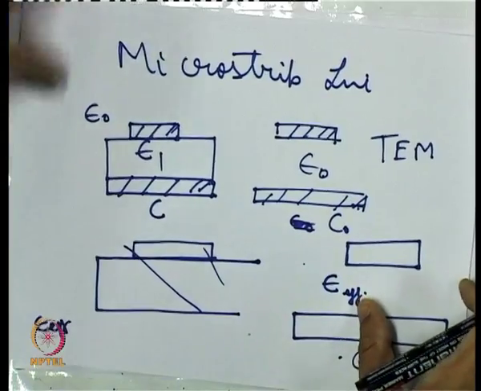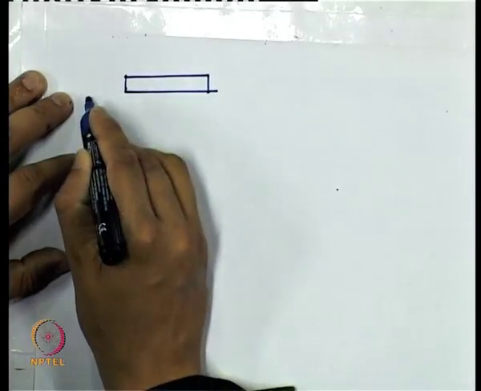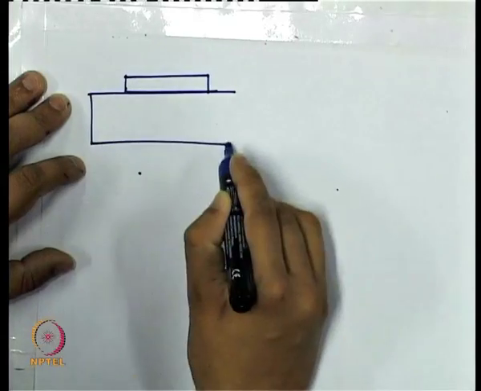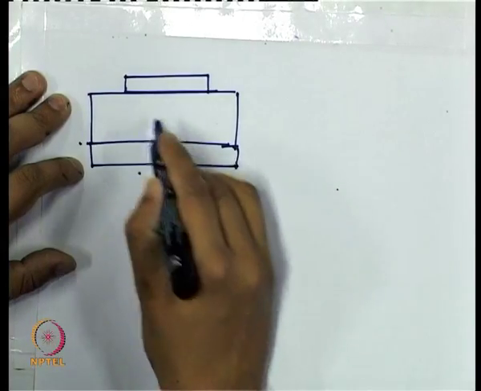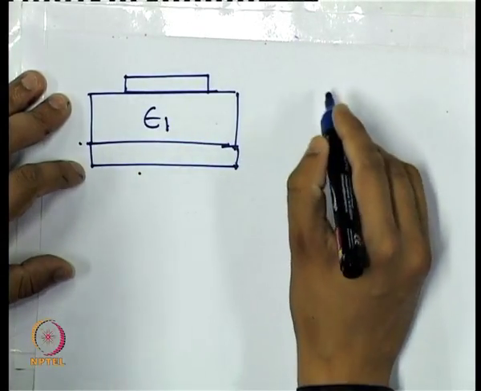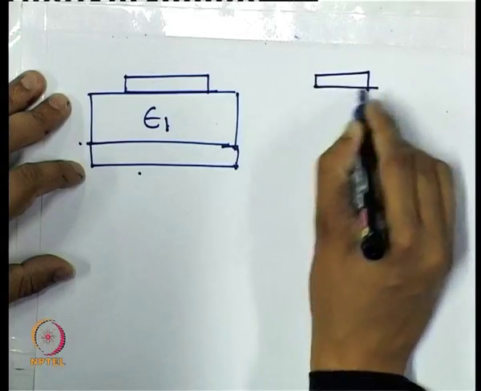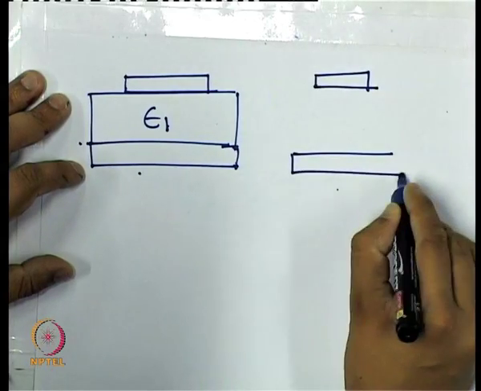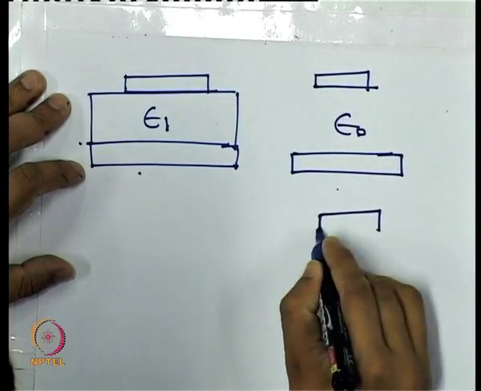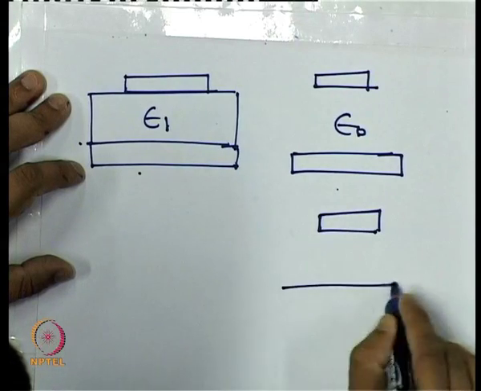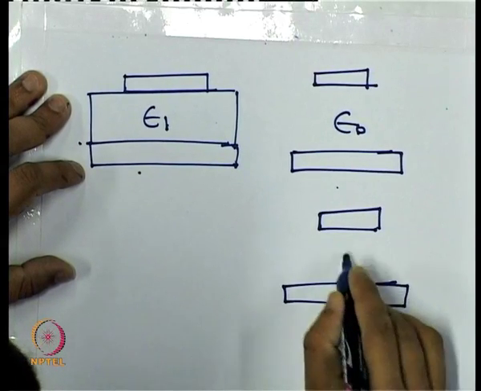So I was discussing three types of microstrip lines for analysis: one with a dielectric material epsilon 1, another where air was present between the lines, and a third with an effective dielectric material having dielectric constant epsilon effective.